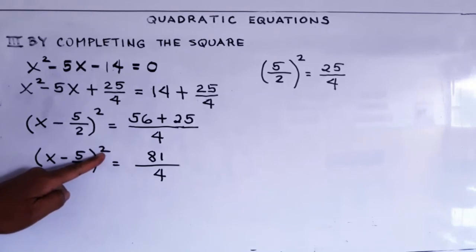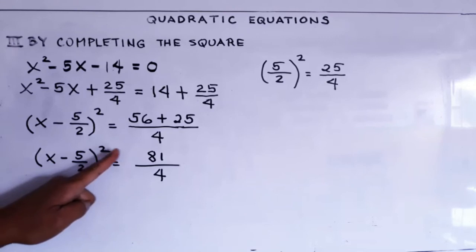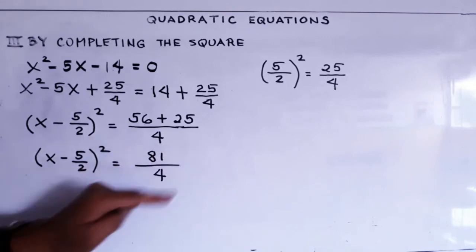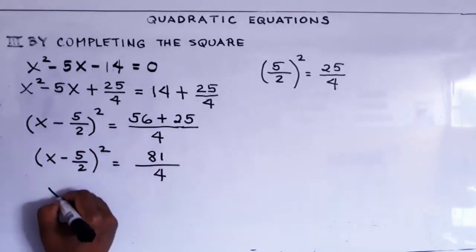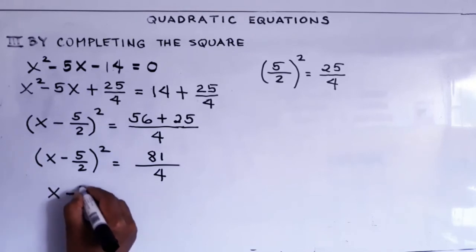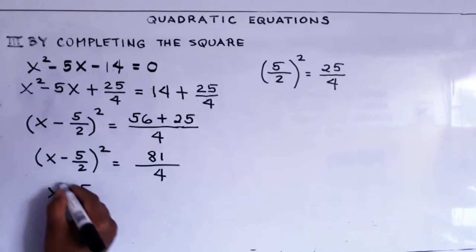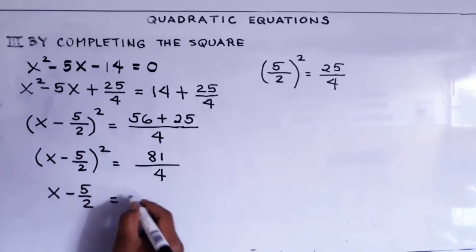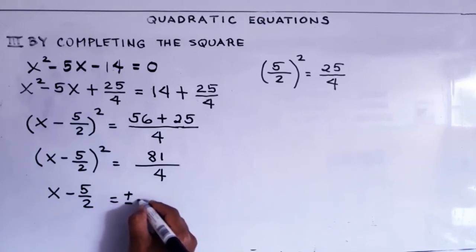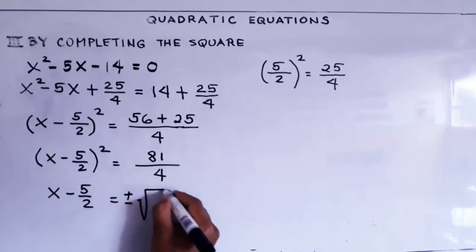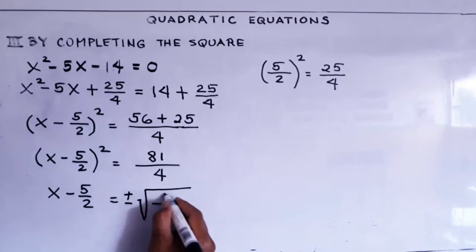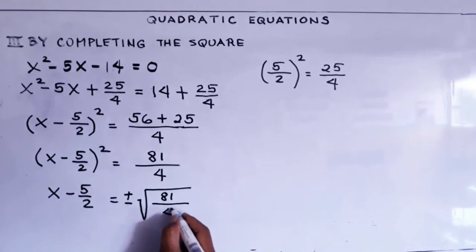Okay, it's 81 now. And then we transpose the 2 to the other side, meaning we are going to raise this one to the 1/2 exponent. We raise also the other side to the 1/2 exponent. So this one is x minus 5 over 2 raised to the first. And this one will become plus and minus the square root of 81 over 4.